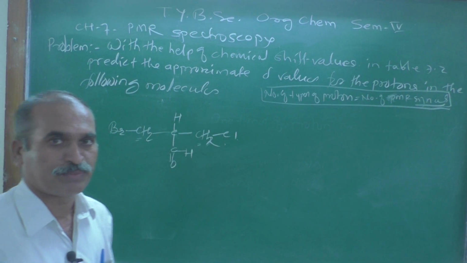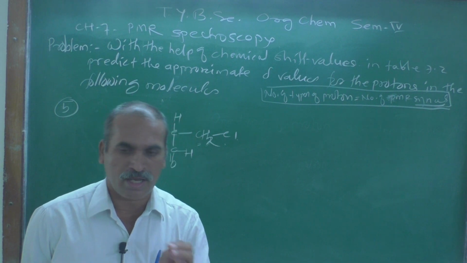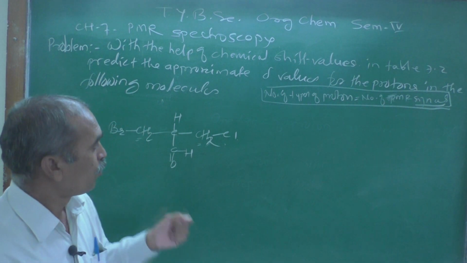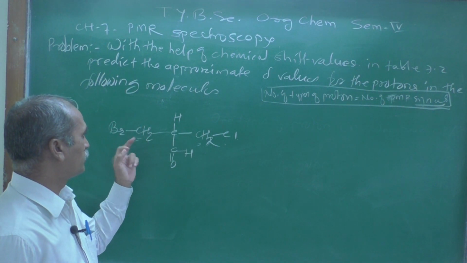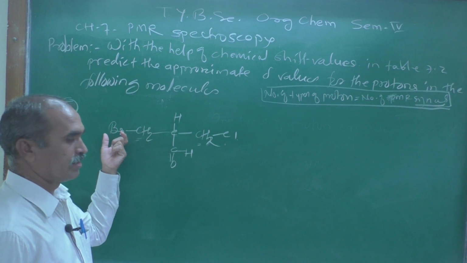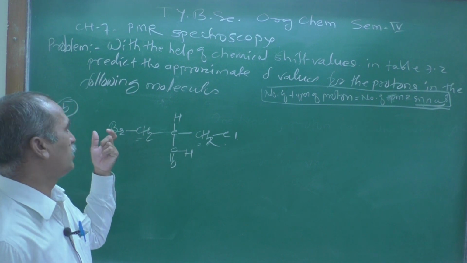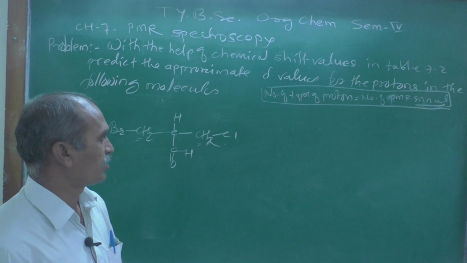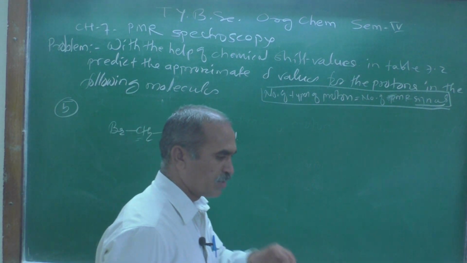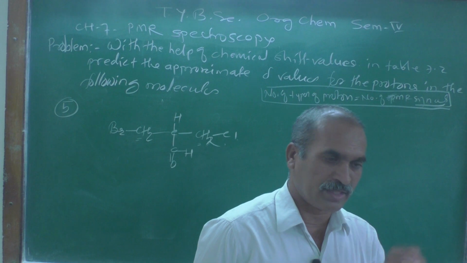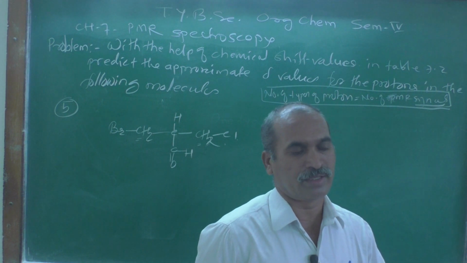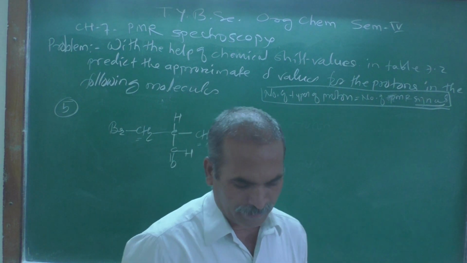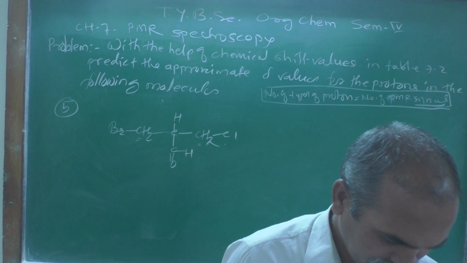Are these methylene protons identical or different? Definitely they are different. Why? If you look at this methylene group, which is attached to the bromine atom, and this methylene group attached to the chlorine atom, even though they are methylene groups, their chemical environments are different.